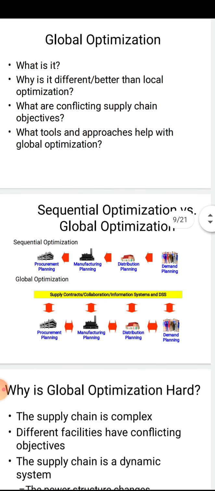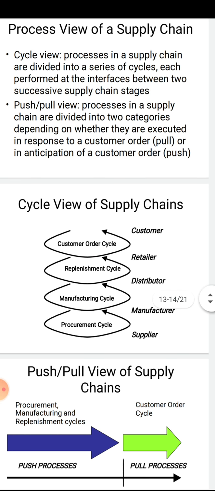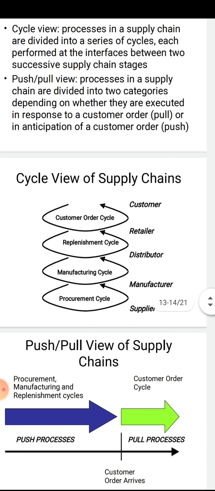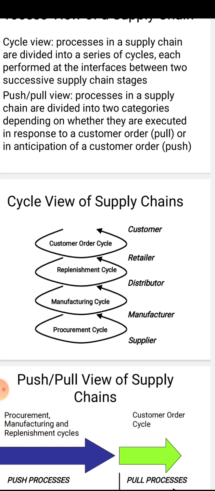What is meant by the cycle view of the supply chain? As I told you, there are suppliers, and we procure some raw material from the supplier. Then it comes to the manufacturing plant, so there is a manufacturing cycle. After manufacturing, we store the finished product in the warehouse.